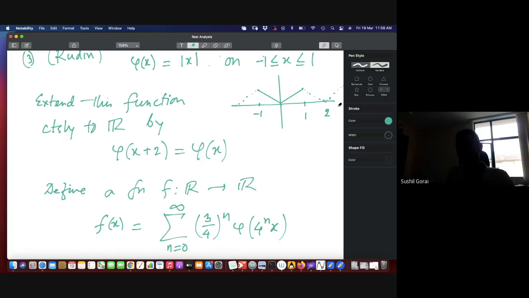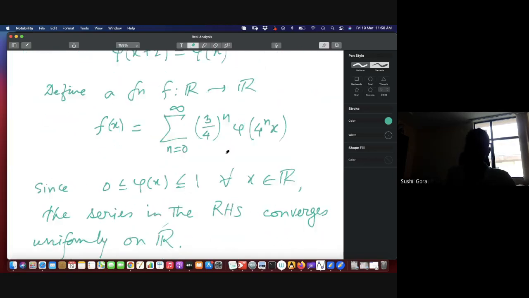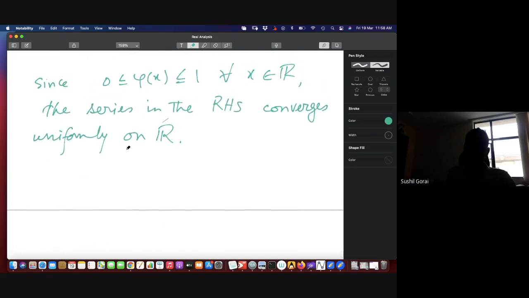If you look at a finite interval, this is a finite sum, it will always be continuous. So the uniform limit of continuous functions is continuous.